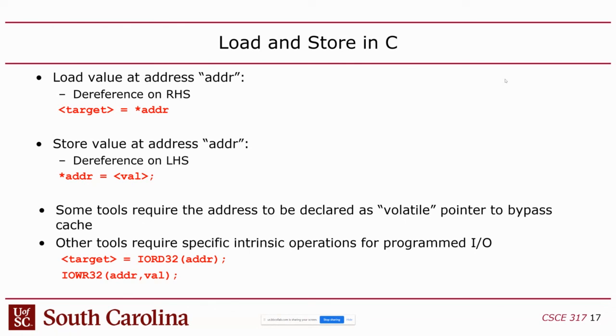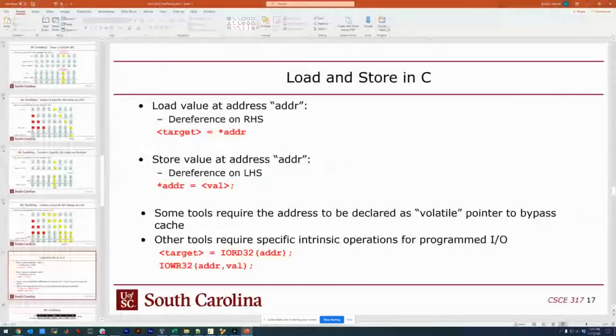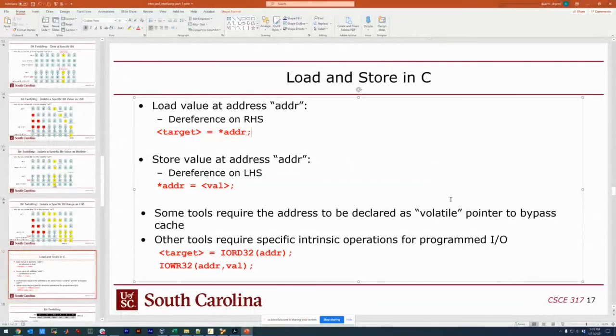It just depends on whether the dereference happens on the left-hand side of an assignment or the right-hand side, meaning any expression in general. So I should have put a semicolon there. Sorry.